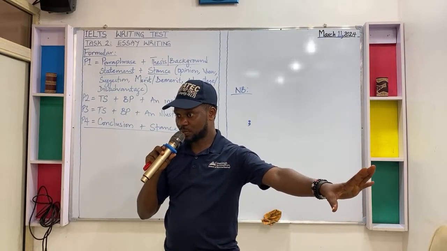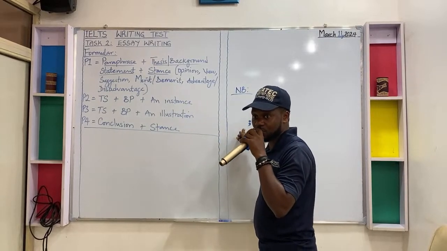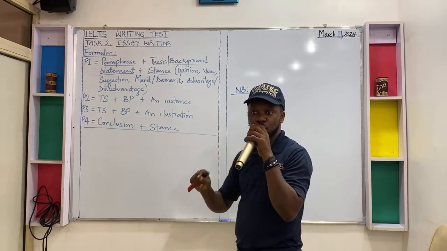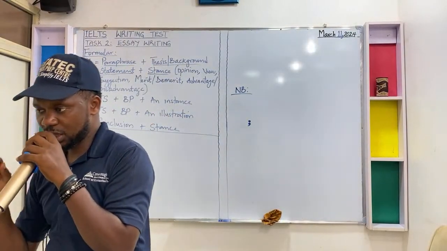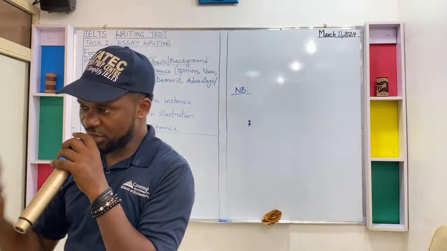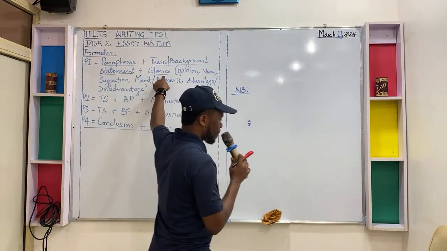Do you understand this? Once you have established your thesis or background statement, don't end it with a full stop. End it with a semicolon. The reason for this is so you can bring in your stance.